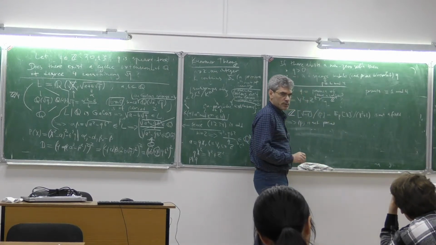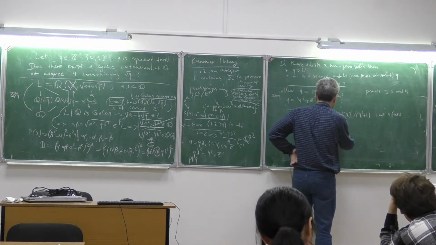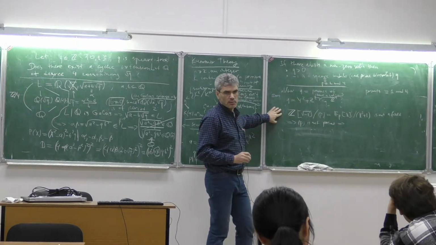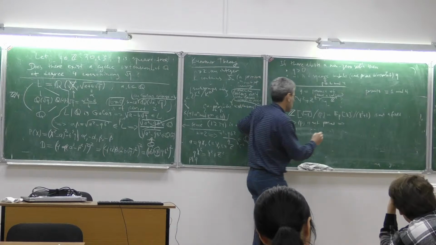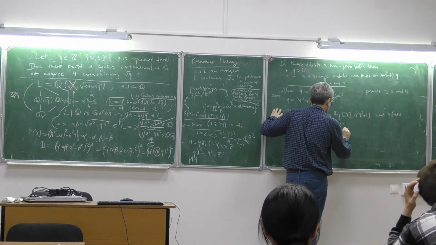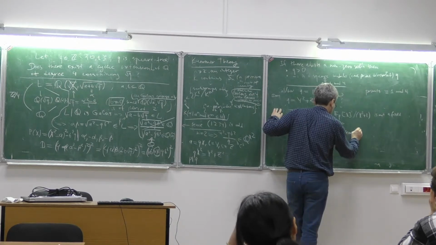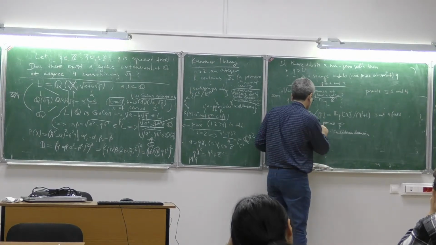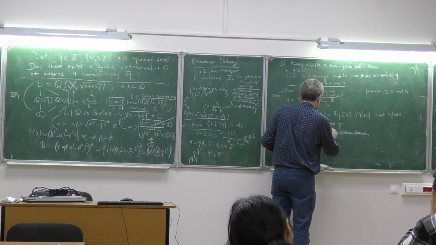And therefore, it is a product of... you know that this is a Euclidean domain. So the Gaussian integers, Z adjoined the square root of minus 1, form a Euclidean domain.